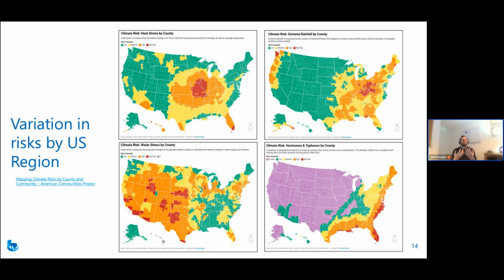So even when you're thinking about, oh, we've got a site in the US, I wonder what risks impact them, the question you should be asking is, where are they based? Because the risk will be slightly different. I've linked to this study from the American Communities Project in my slides, so when they get sent around, you can have a look at them. But I found these really, really interesting.